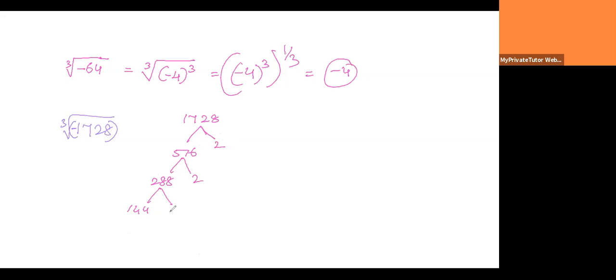Yeah, 144 too. 144 is 72, 72 is 36, and then 18 times 2. How many did we get? 1, 2, 3, 4, 5, 6. And 18 is 9 twos. 144, 72, 36, 18, 9, and then 9 is nothing but 3 times 3.